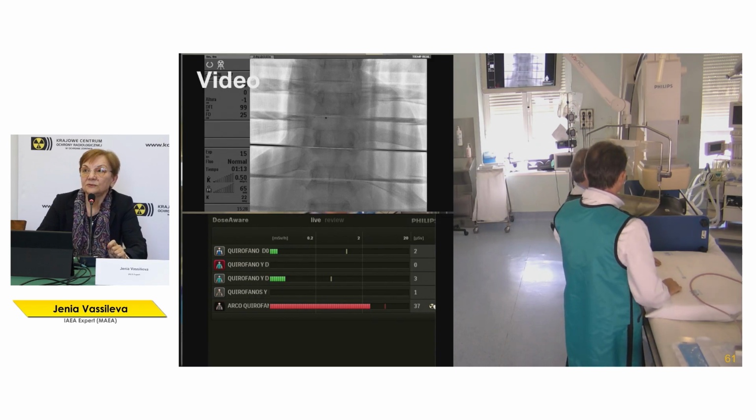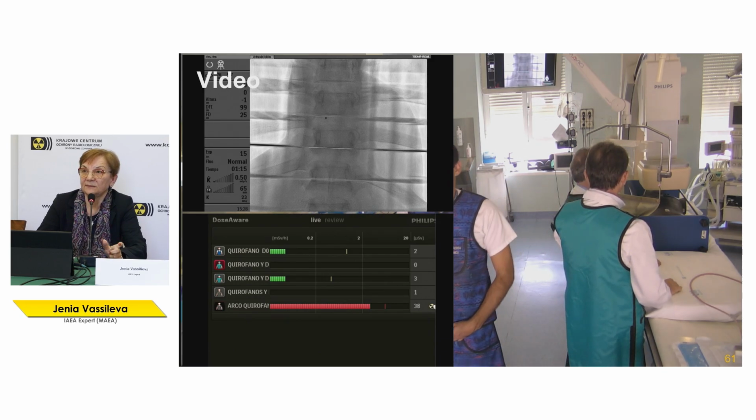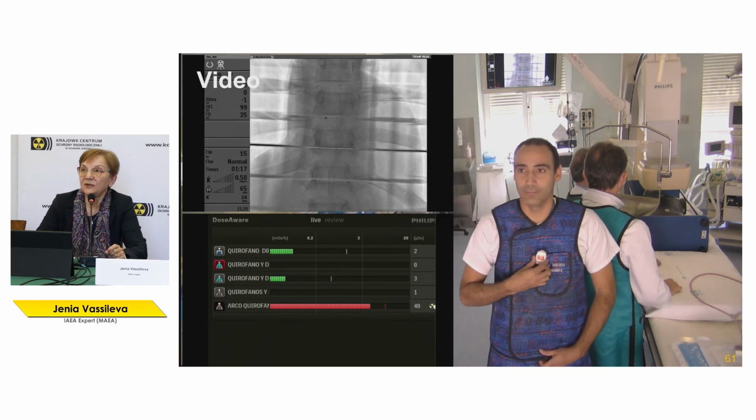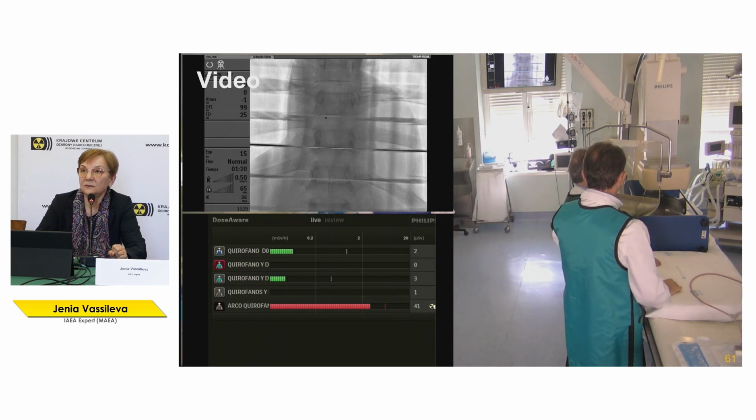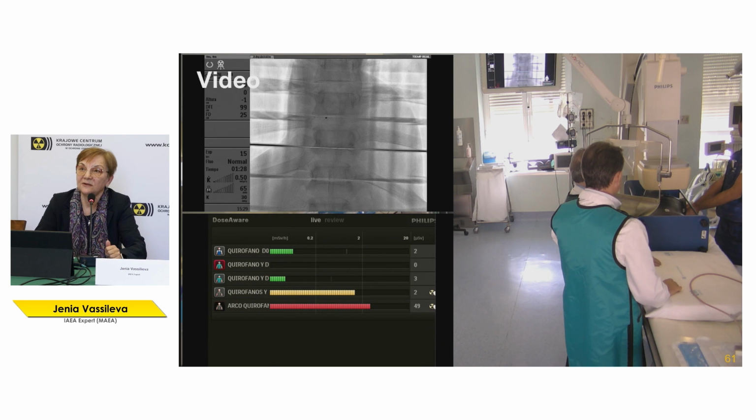So it's like a control dosimeter. That's why it's much higher. You see 3 staff members moving in the room, and their doses are changing. Going behind, so going to the other side of the room, immediately the dose increases because that's the unprotected side of the room.